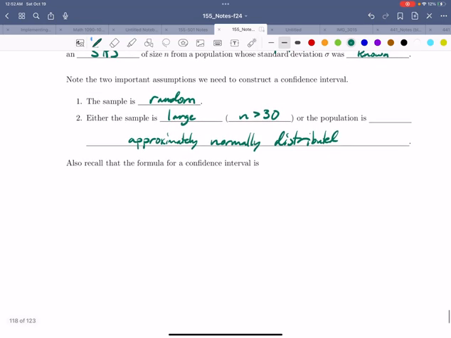Also, remember the formula for the confidence interval is, again, I'm getting a little technical with the notation here, 1 minus alpha CI equals your point estimate minus your margin of error, to your point estimate plus your margin of error.